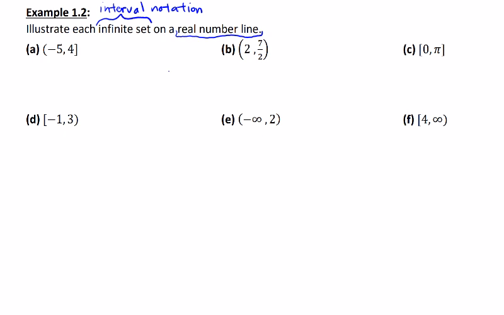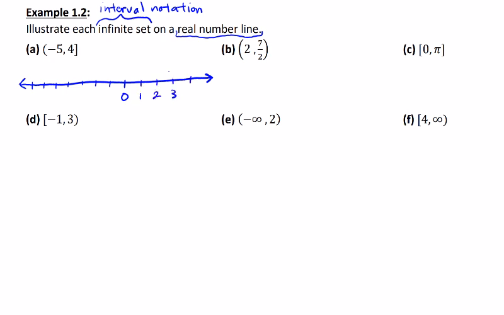So for part A, we have a set here given by (-5, 4]. So I want to draw a number line, and this might be the most time-consuming part of this example, going through and drawing your number line and putting tick marks. So we'll call this 0.